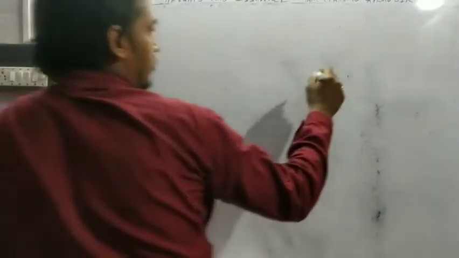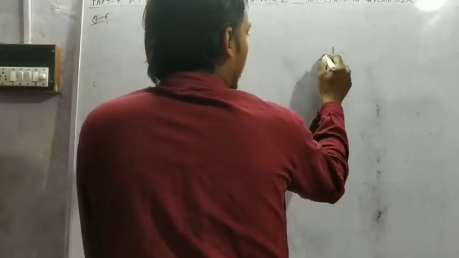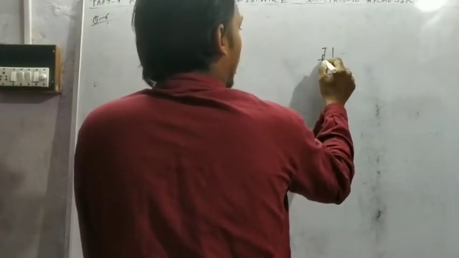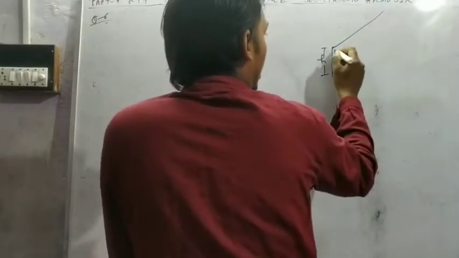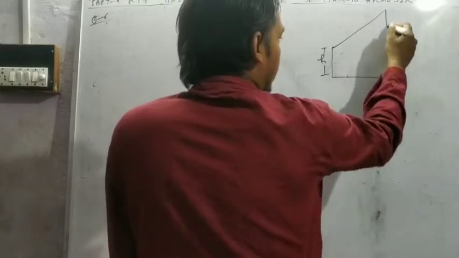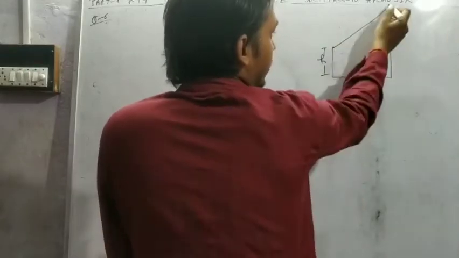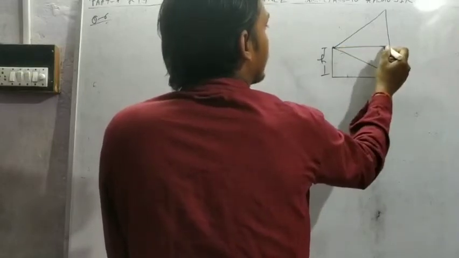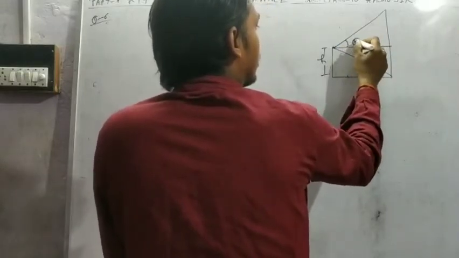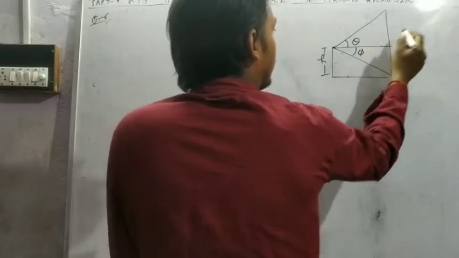From an H meter high window, from this window, another house is on the opposite side of the street, the angle of elevation of the top and the depression of the bottom are theta and phi.